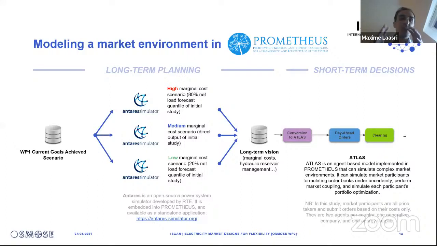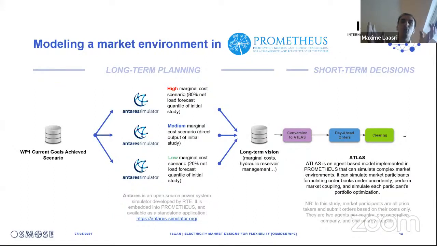And so we want to model that in detail, or let's say realistically, to actually find more interesting results about the price signals that are built upon such a market environment.